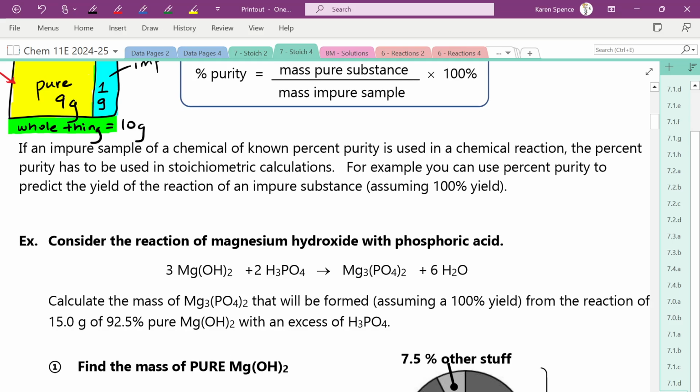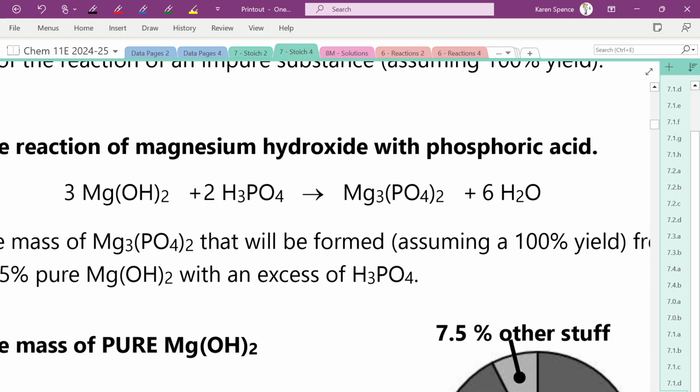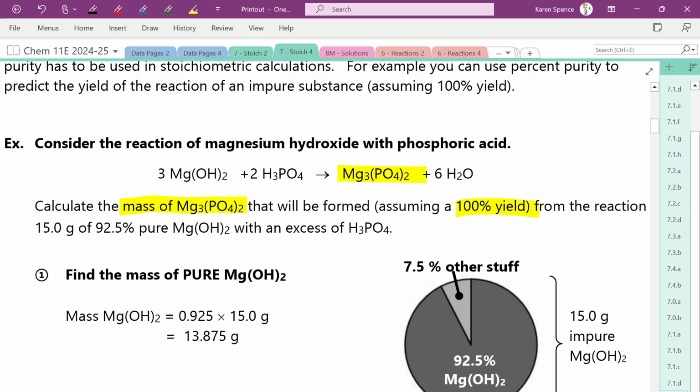So let's consider the reaction of magnesium hydroxide with phosphoric acid. We have ourselves a lovely little what type of reaction? That is a neutralization, yes. And we want to know how much Mg3PO4 we can make, assuming that we get 100% yield, from the reaction of 15 grams of 92.5% pure magnesium hydroxide.